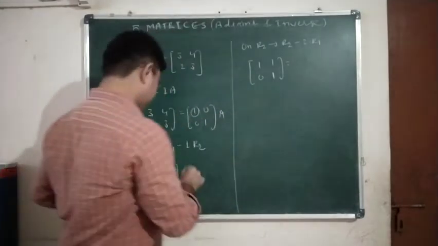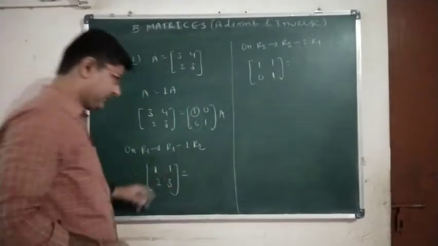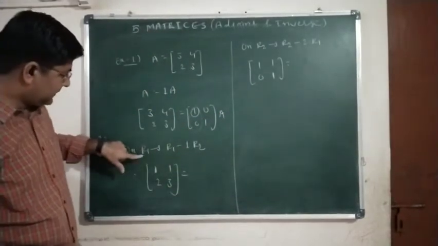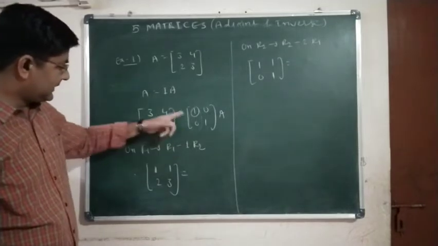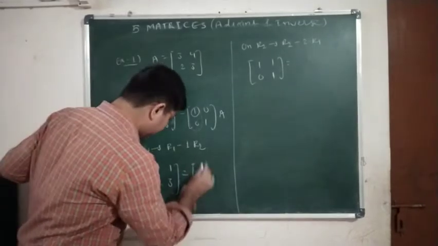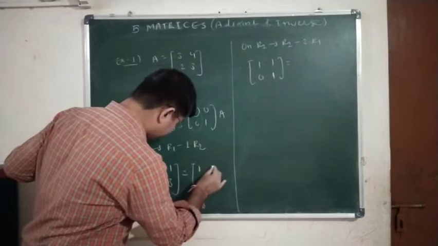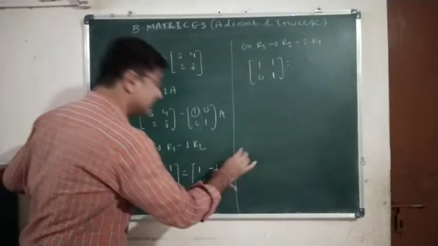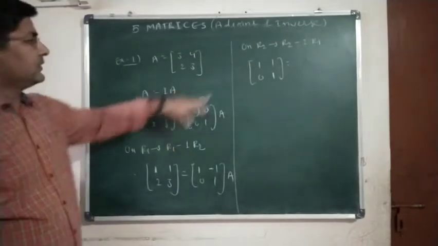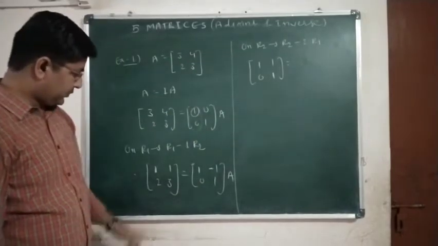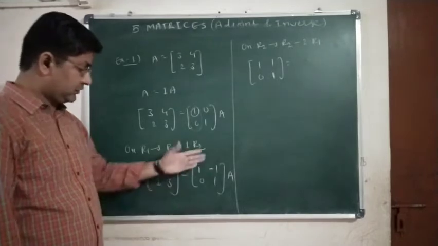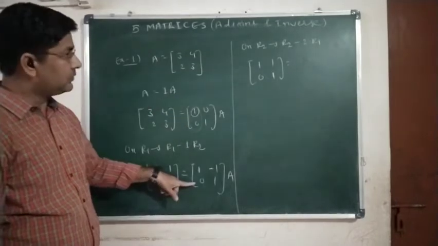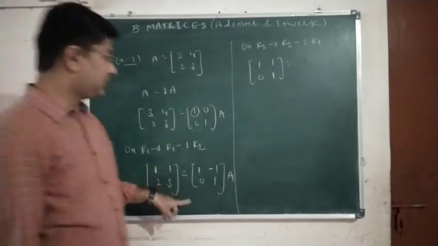Okay, the similar operations we have to perform on the right hand side. In the first one we did R1 minus R2. So 1 minus 0 will be 1, but 0 minus 1 will be minus 1. Here this will be as it is. Again, we did R2 minus 2 into R1 on the left side, so on the right side also R2 minus 2 into R1.